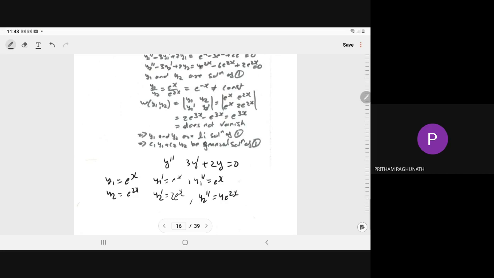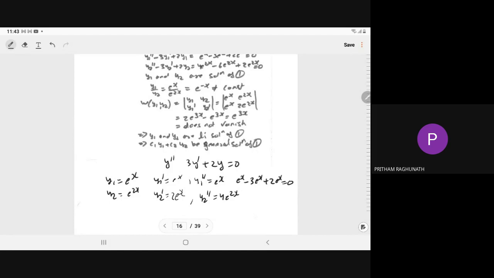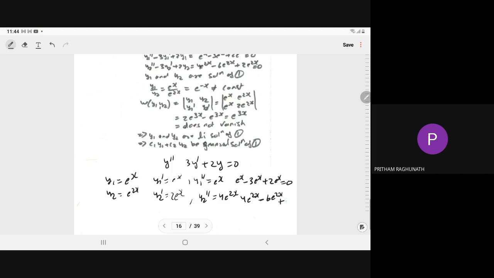When we put y1, we get e to power x minus 3 e to power x plus 2 e to power x, which gives 0, means it satisfies the solution. For y2 we have 4 e to power 2x minus 6 e to power 2x plus 2 e to power 2x, that is equal to 0. So it also satisfies the solution.